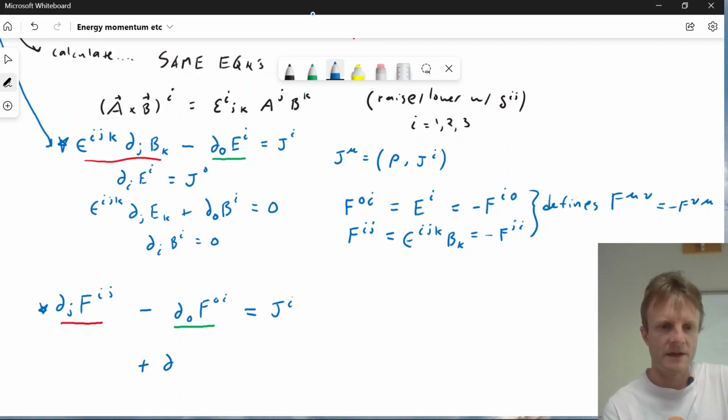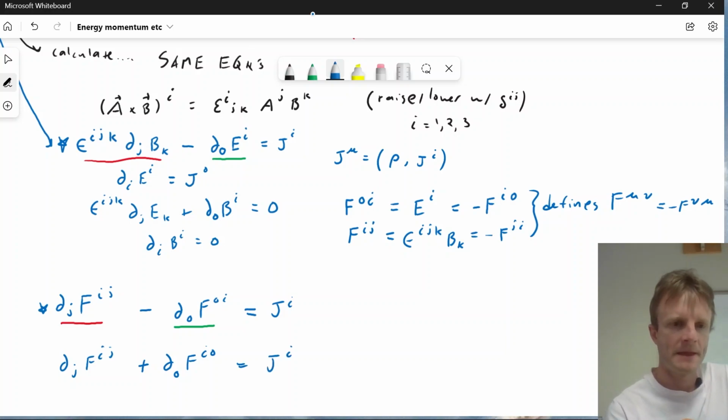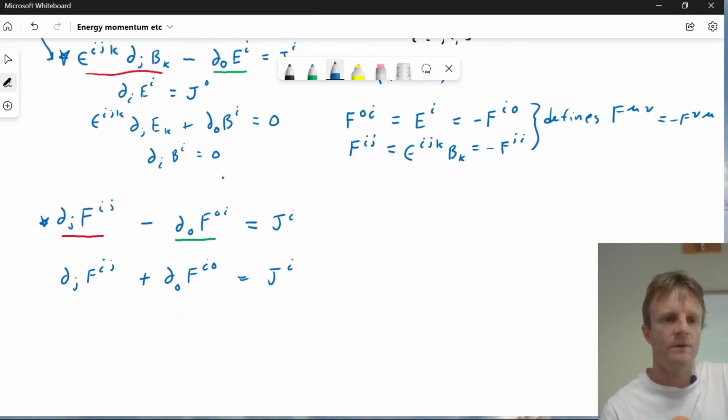I'm allowed to do that because F is antisymmetric. And then this I'm going to leave del j Fij. I'll just leave this as ji. And now, notice this is a sum from 1, 2, 3. But this is the missing 0.